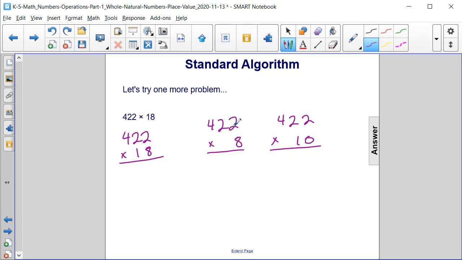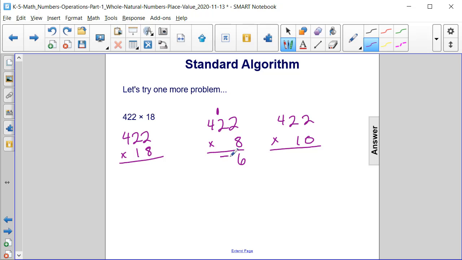8 times 2 is 16, which consists of 6 ones and 1 extra 10. So we're going to bring it up to the top of the tens column so that we can regroup. 2 times 8 again is 16, or 20 times 8 is 160. And if I add 10 more to that, it would be 170.